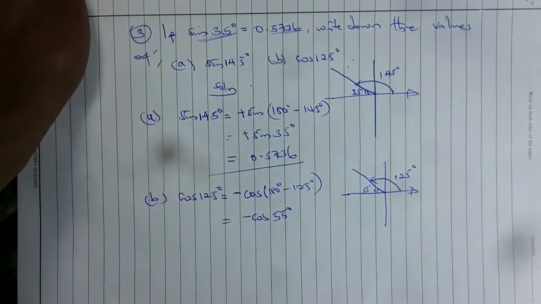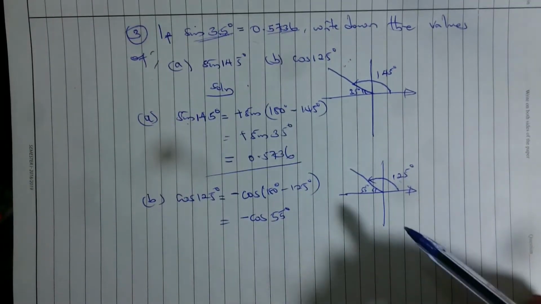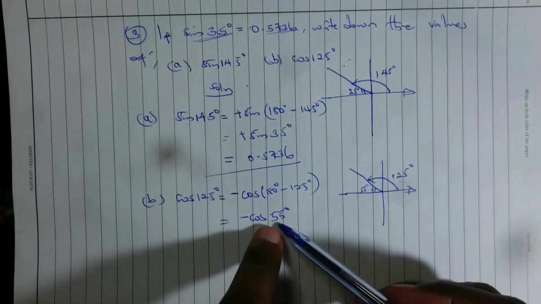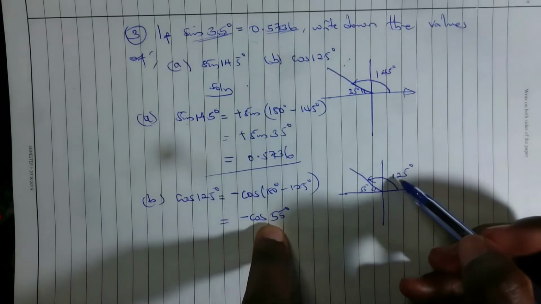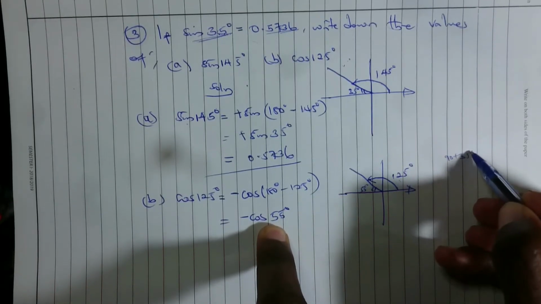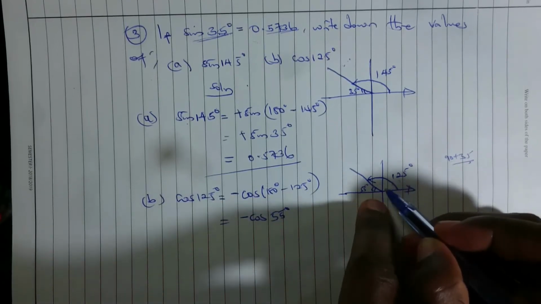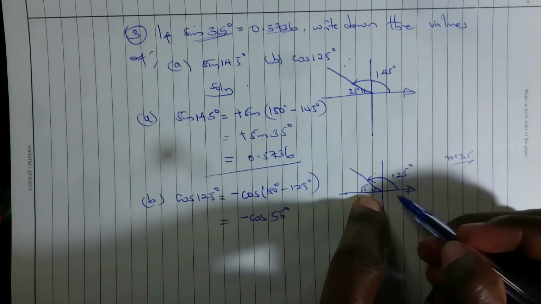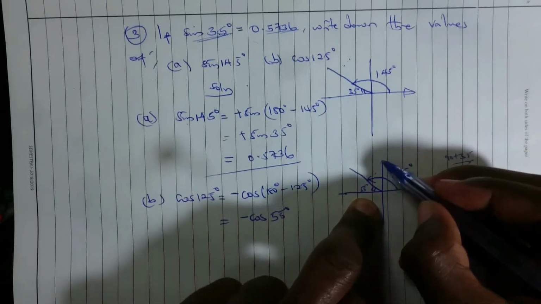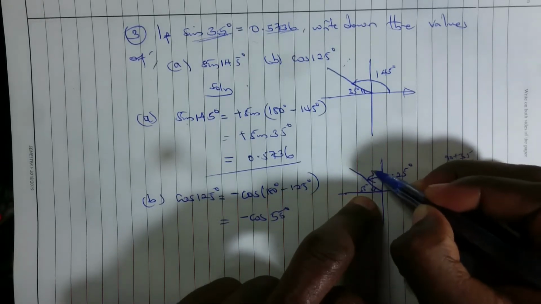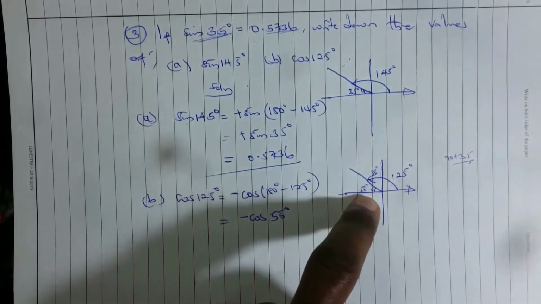But we don't yet have 35 degrees. So what do we do? We know 55. If you see this angle, 90 plus 35 gave us 125 here. That means if here is 55 and here is 125, how do we get this angle here? We first consider this is 90. We'll see that here remains 35. 90 minus 55 will give us that 35 degrees.